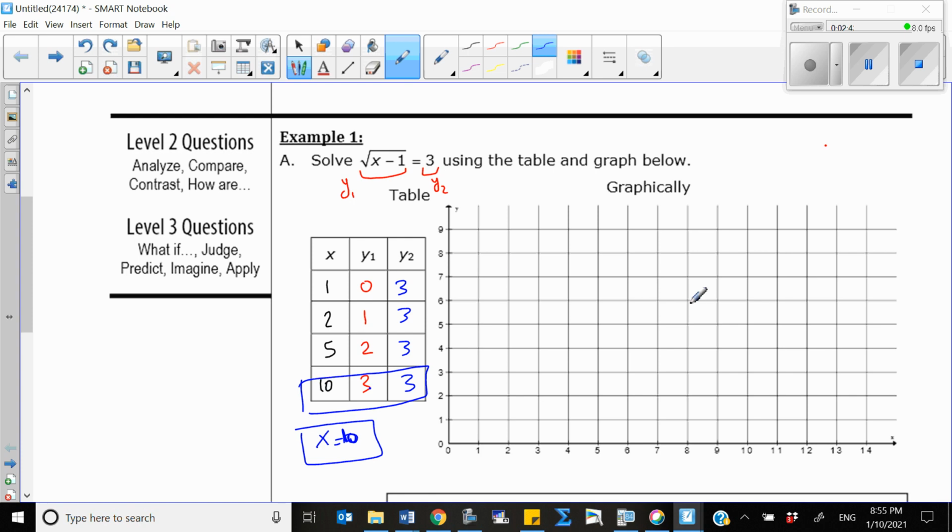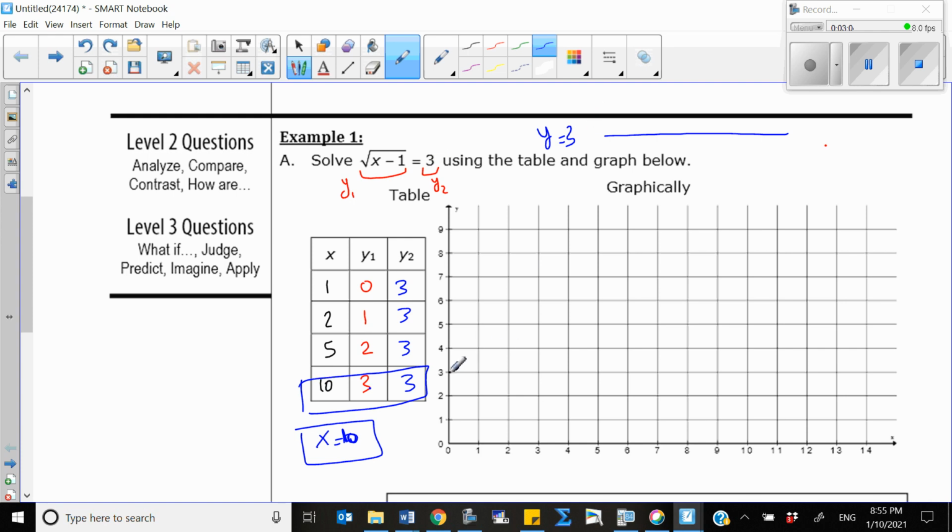And how do I solve it graphically? I'm going to graph y1 and y2 here. y2 is equal to 3. So we know that if we have an equation like y equal to a number like 3, the graph of this line is just a horizontal line passing through y equal to 3.